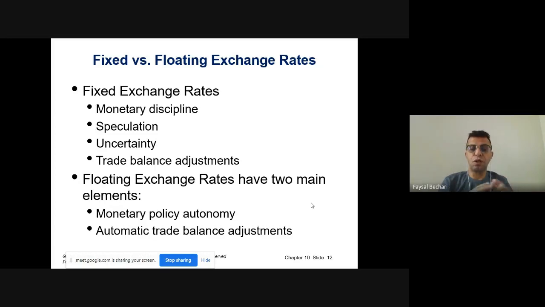Then the floating exchange rate has two main elements: monetary policy autonomy, and automatic trade balance adjustment. The money goes up and down according to the market. So when the currency goes high, there's less demand for their products, and people buy less from them, and vice versa.